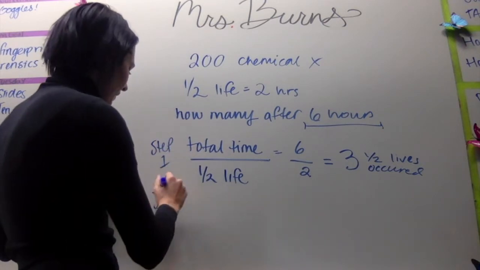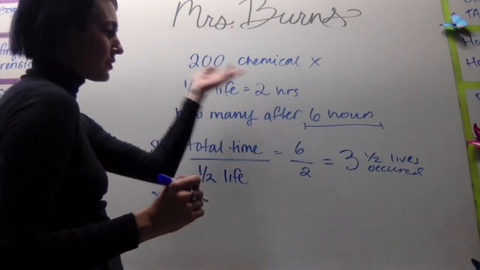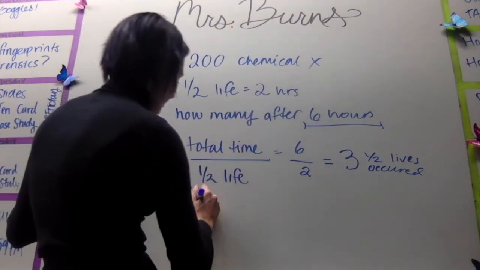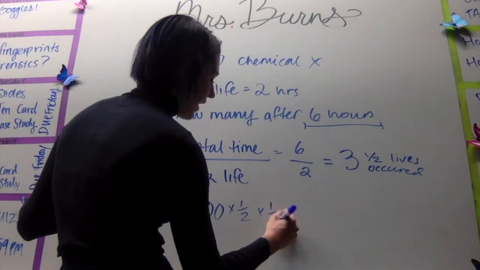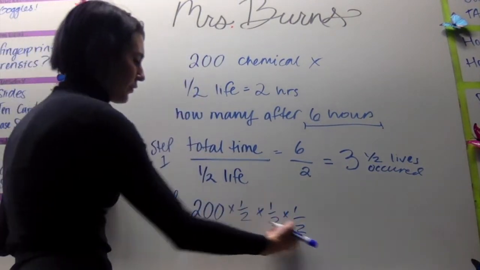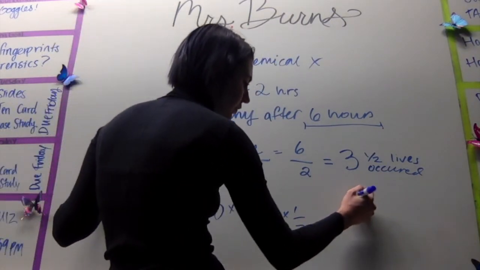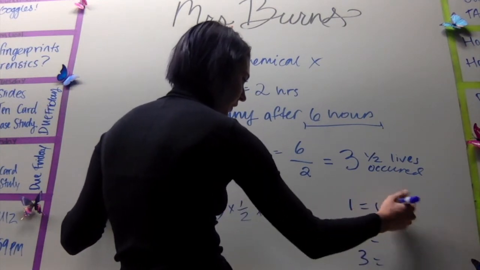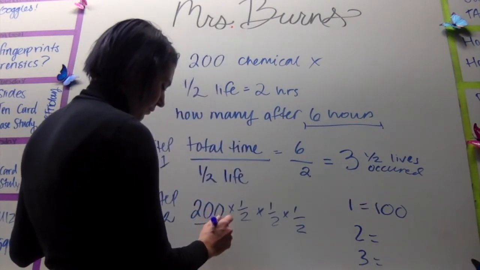That's step 1. Now step 2 is to cut the number of isotopes in half that many times. Because we have 3 half-lives, we're going to have 200 times 1/2 times 1/2 times 1/2, because we're going to cut 200 in half 3 times. So 200 divided by 2 equals 100.